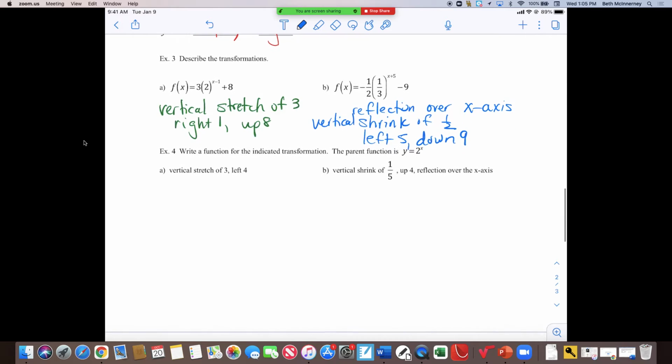All right, example 4. Write a function for the indicated transformation. The parent function is y equals 2 to the x. I'm going to pause and give you a moment if you haven't already.